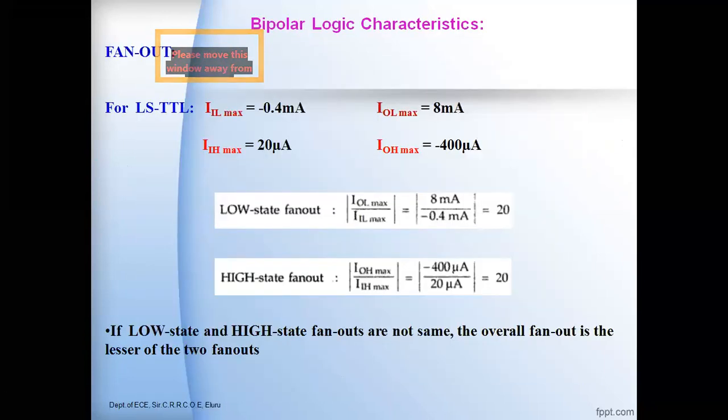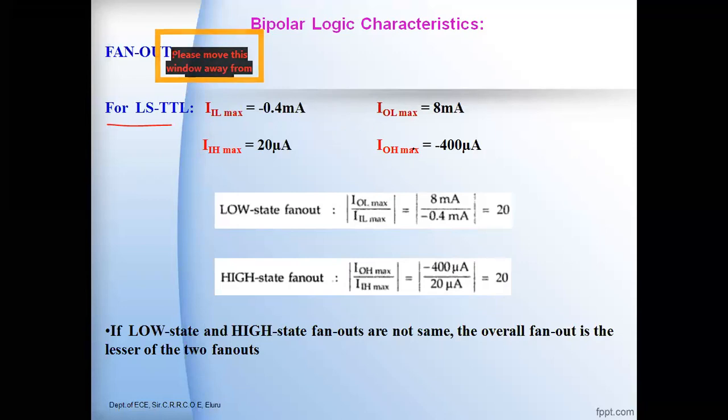Let's see here. For a typical LSTTL, a low power Schottky transistor logic NAND gate, these are the rated values given by the manufacturers: IIL maximum, IIH maximum, IOL maximum and IOH maximum.